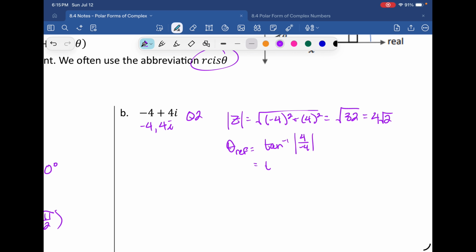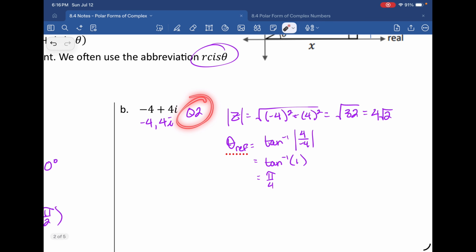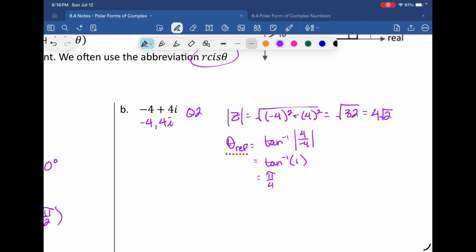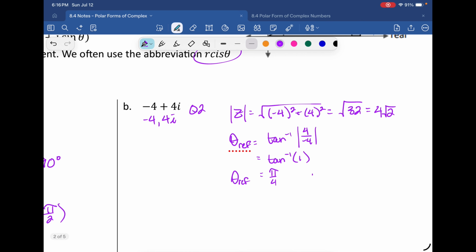So this is the inverse tangent of 1, which is, again, we can use degrees or radians. I'm going to use radians here. It's pi over 4. Okay, but we're in quadrant 2. So theta is 3 pi over 4.